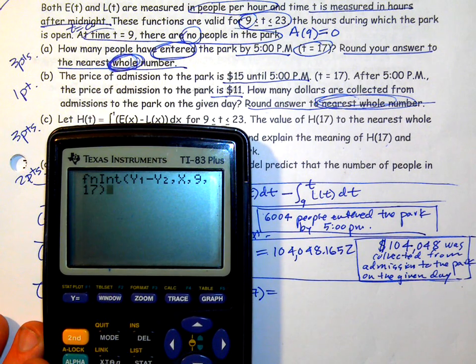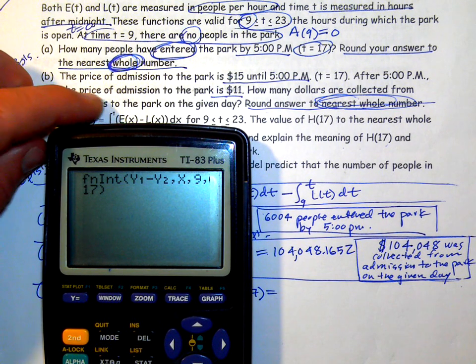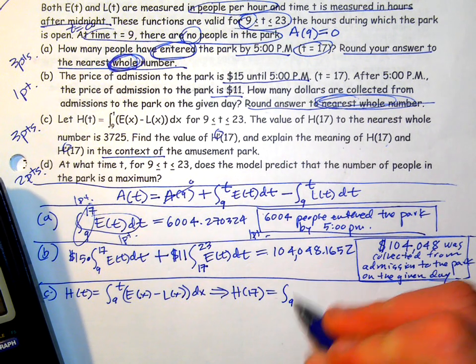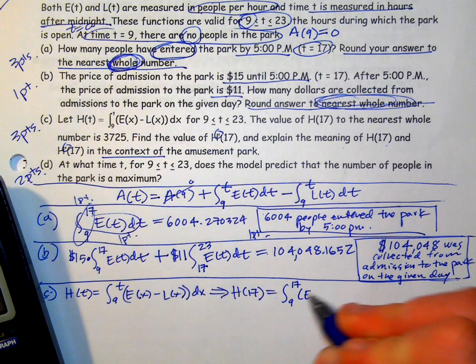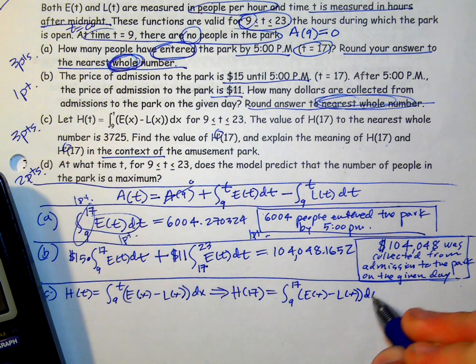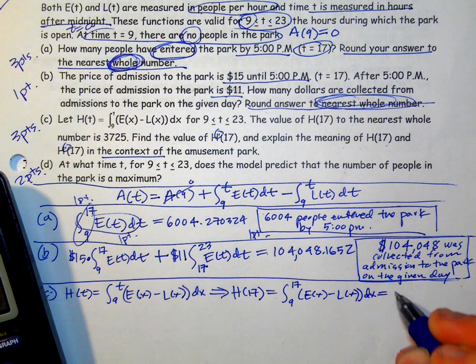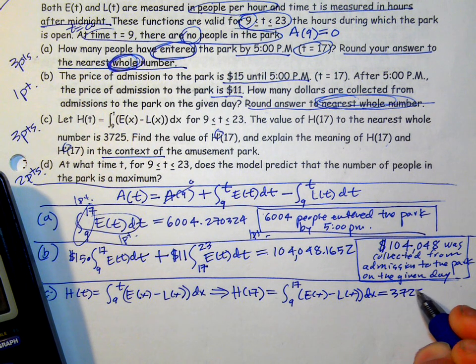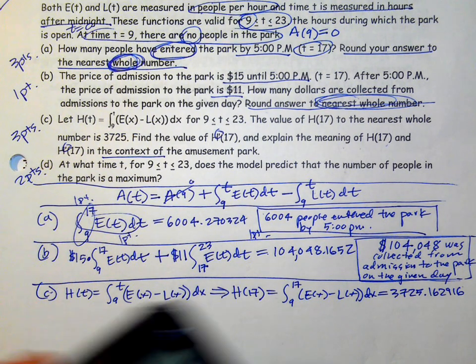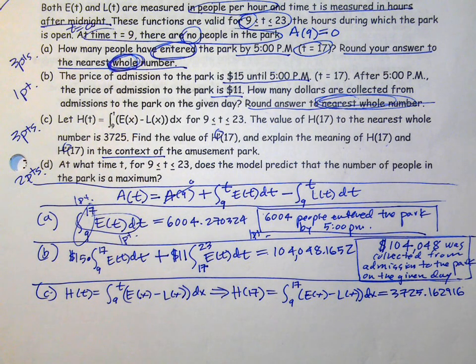I guess we could write that down too. And it's going to give us an answer. So we could write this: the integral from 9 to 17 of e(x) minus l(x) dx, and it equals 3725.162916.